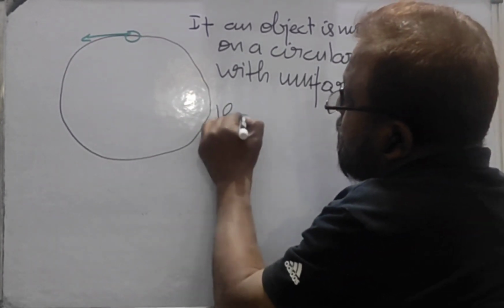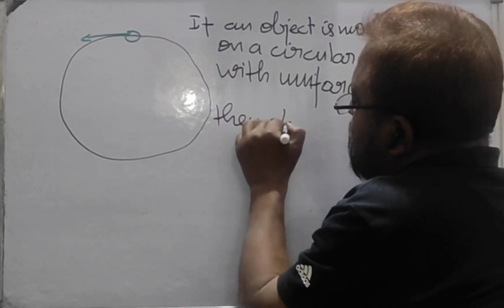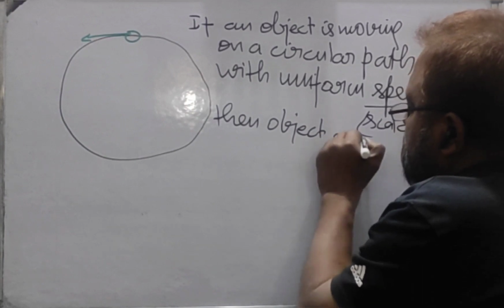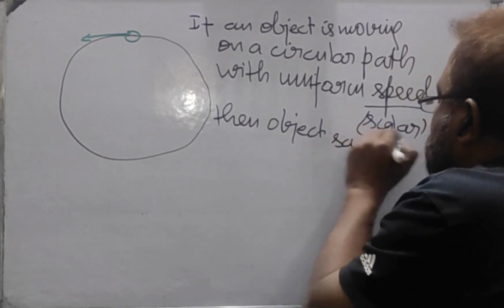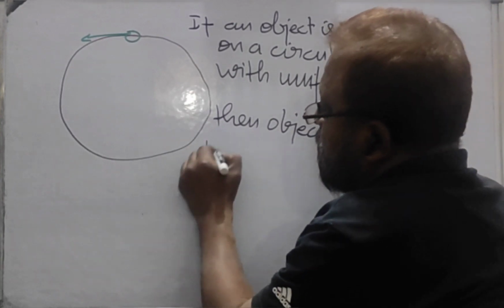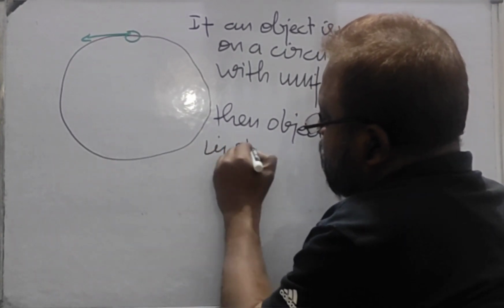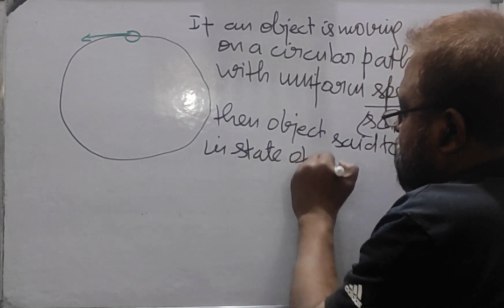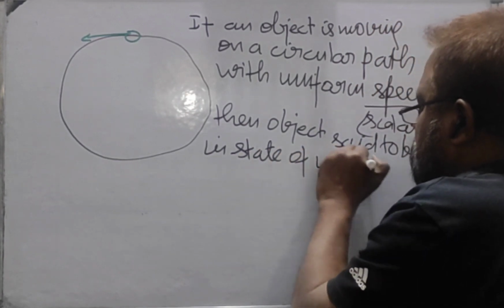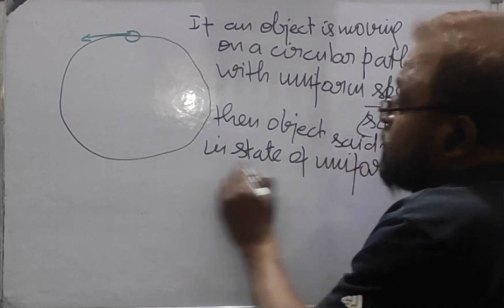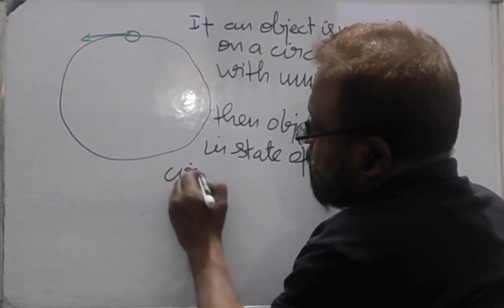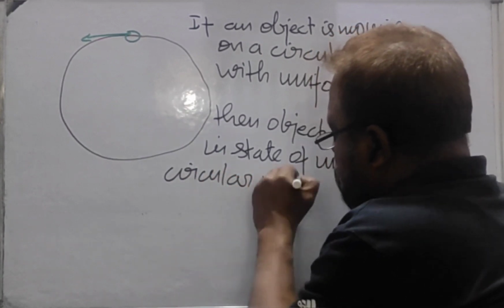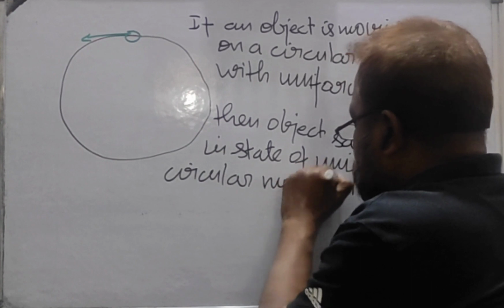Then the object is said to be in a state of uniform circular motion.